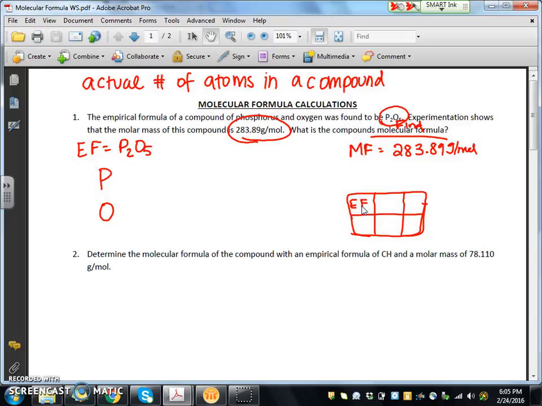So I have two phosphorus atoms and 5 oxygen atoms. If I look at the periodic table, I see that phosphorus has a mass of 30.97 and oxygen has a mass of 16. So when I multiply them together, I say 2 times 30.97 will give me 61.94.